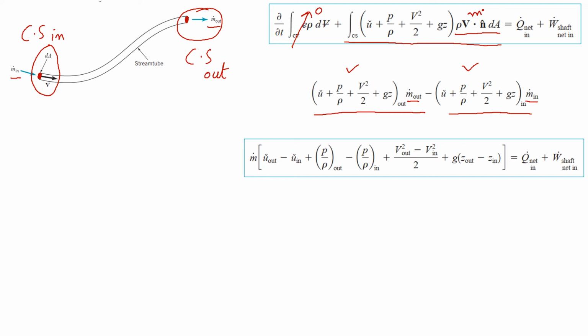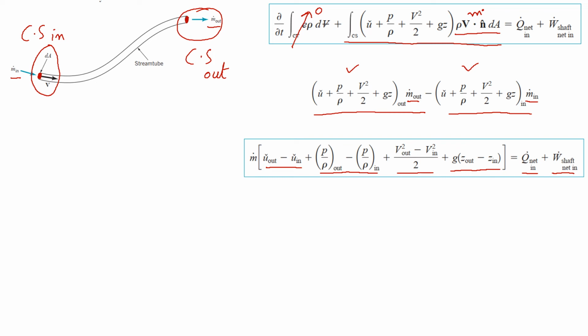Now if we write it in terms of net flow, that is net flow of internal energy, the net flow of pressure, the net flow of velocity, and the net potential energy. So this is equated to the rate of heat transfer plus the rate of work transfer on the shaft.